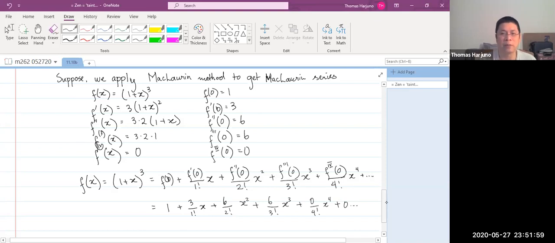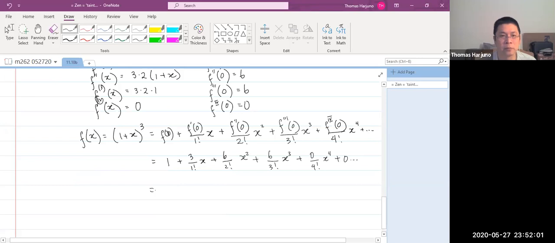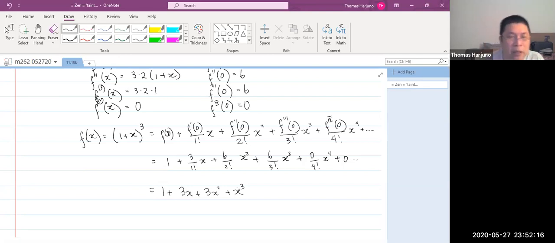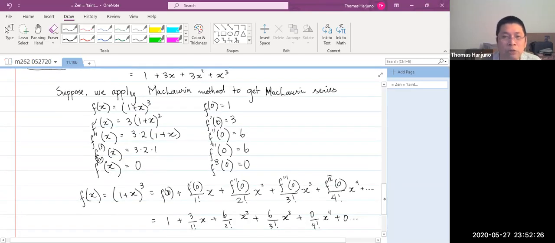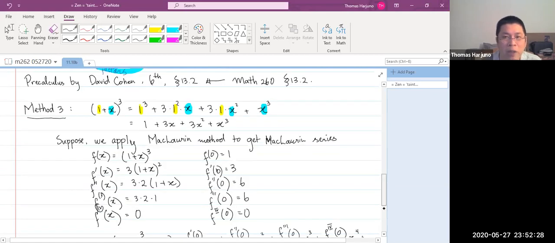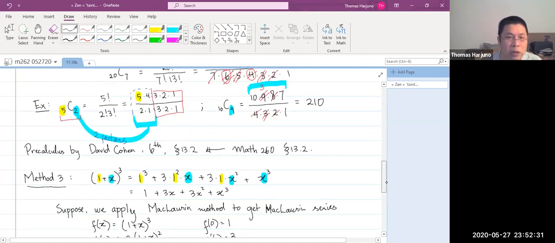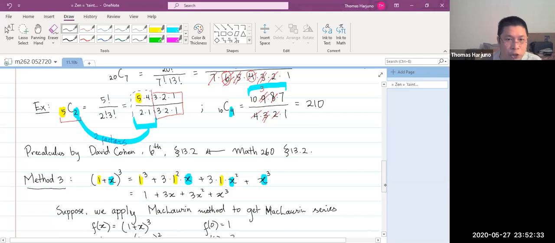If I simplify even further, I get 1 plus 3x plus 3x squared plus x cubed, and that's it. Basically I want to say that if we use the Maclaurin method to get the Maclaurin series, our Maclaurin series actually coincides with our binomial expansion if the exponent is a positive integer.